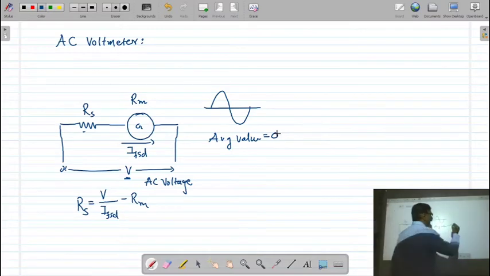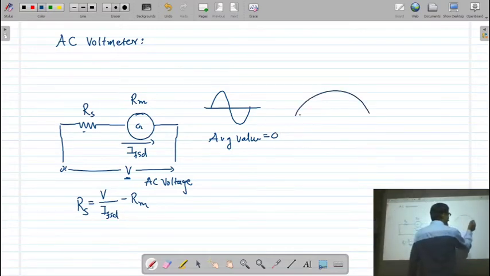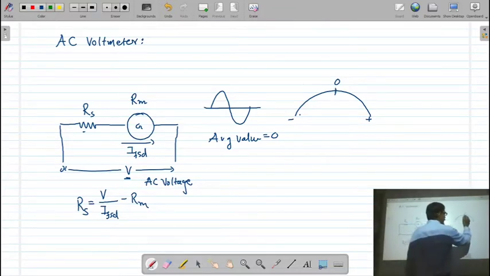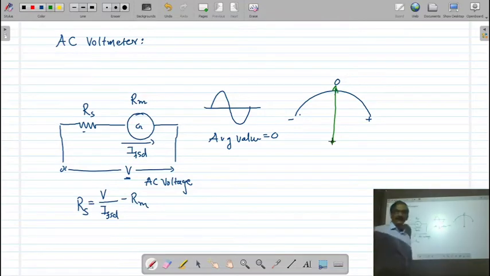Try to understand that the galvanometer has this kind of scale, and in the center we have a 0. On the left hand side, the negative voltage is there, and on the right the positive voltage. Now the pointer is in the center. When we apply an AC voltage, we have a positive cycle.